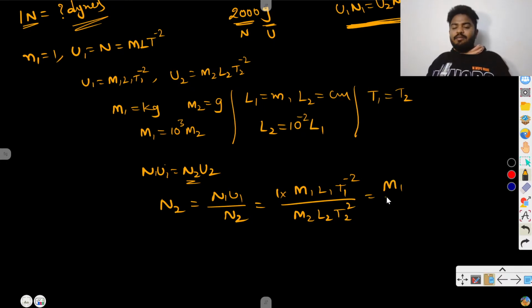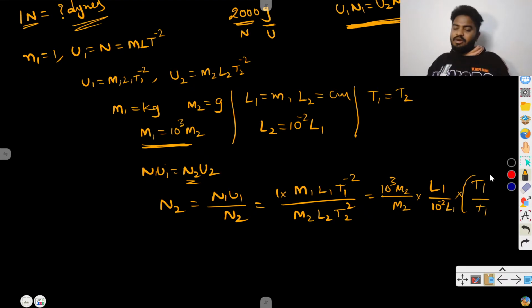Now here, M1 by M2: I can write M1 as 10 to the power of 3 M2, by M2, into L1 by L2, where L2 is 10 to the power minus 2 L1. And then the times T1 and T2 are both the same, and minus 2 is there, right?